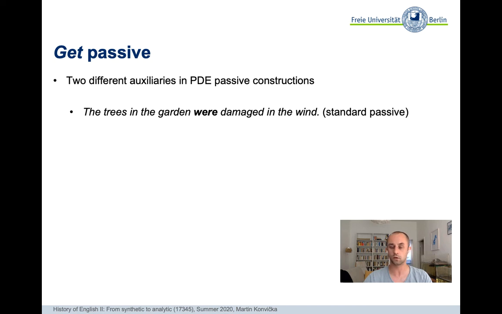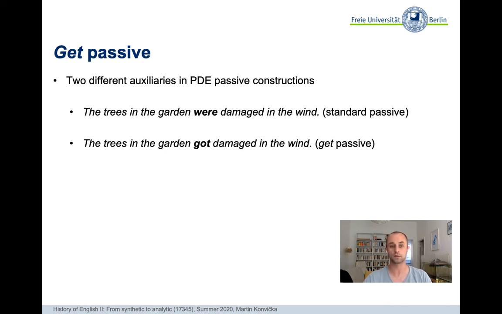We either use the normal auxiliary to be, and then we would have a sentence such as this: "the trees in the garden were damaged in the wind." Right? But what we also can do is use the auxiliary get, and we would then get a sentence such as "the trees in the garden got damaged in the wind," the so-called get passive.